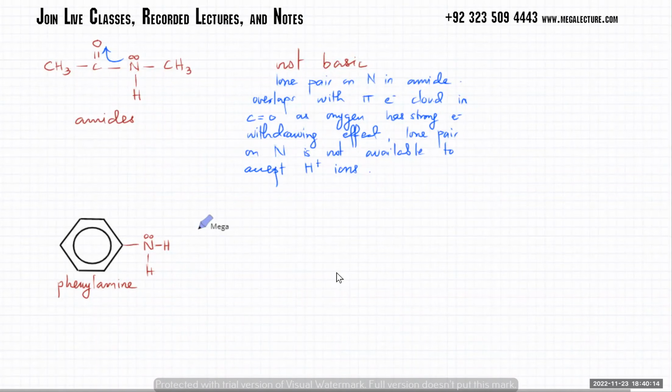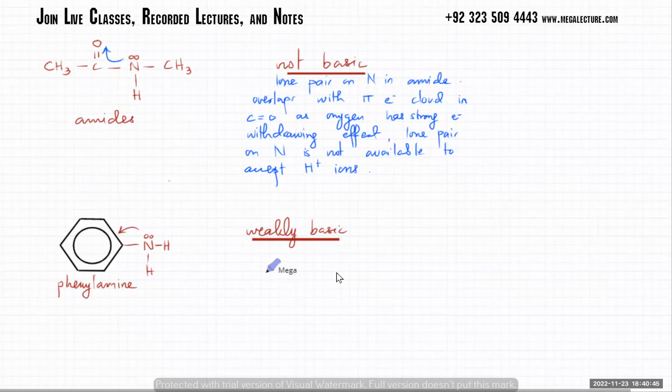ये वाला, अच्छा, this is weakly basic, ठीक है. I mean it's not strongly basic, it's relatively. अच्छा, this one is relatively weakly basic. So why is this weakly basic? क्योंकि over here there is electron withdrawing effect. The lone pair is going to mix up with the benzene electron cloud, but the electron withdrawing effect is not that strong.